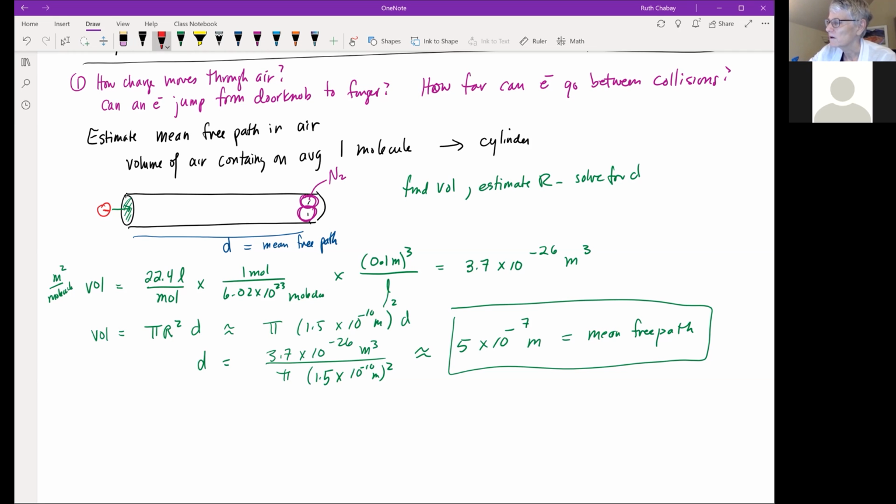So no, an electron can't jump from knob to finger. However, this mean free path is a useful number that we're going to need later.